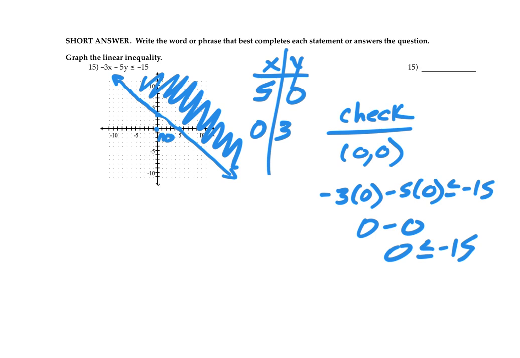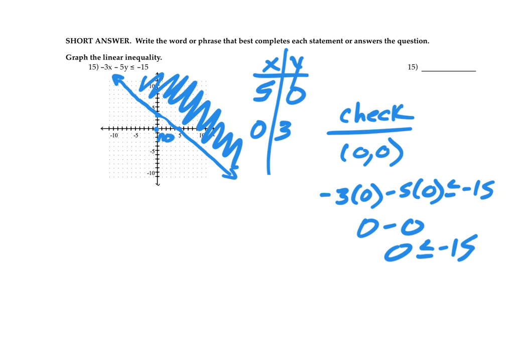And I show you the checking part here because here's probably the part that most everybody misses on this. We look at the symbol less than, and I think, okay, I'm going to shade below because it's less than, right? But the reason why it's shaded above the line is because if I were to solve this for y, I would have to divide by a negative, and dividing by a negative makes that sign flip, okay?